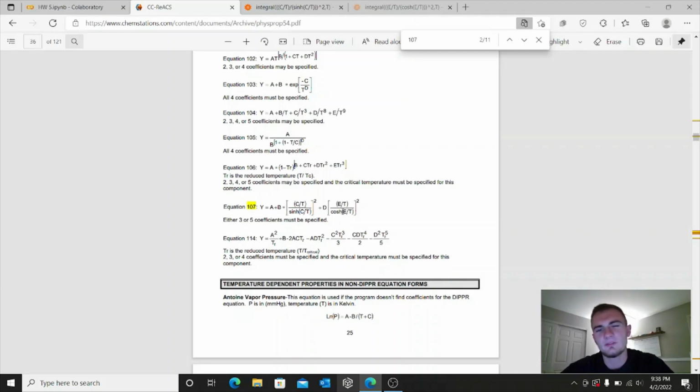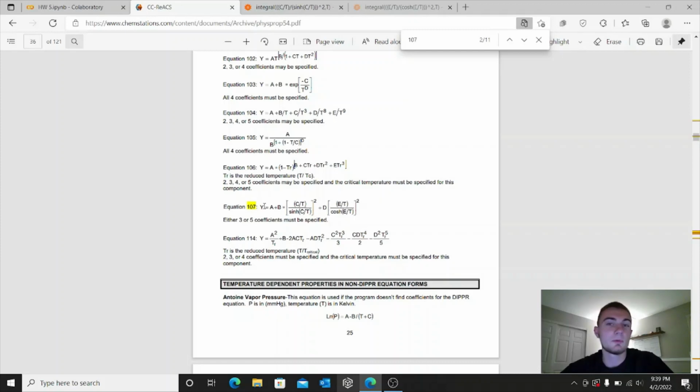And there is a specific equation to figure this out. I think it's e to the x minus e to the negative x divided by 2, or something like that. But like I said, it's not too important. All we need to know is that we have it for this equation, and that we will need to use this equation in order to determine the heat capacity for the substances that we're working with. So this is equation 107.